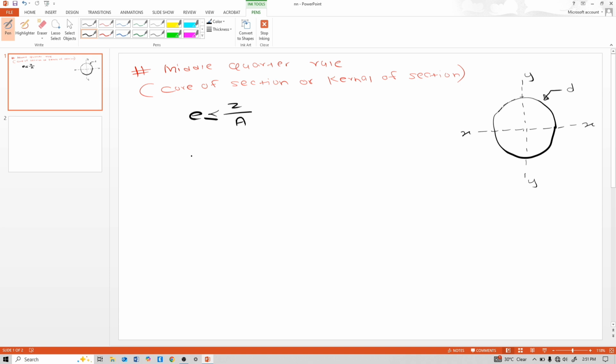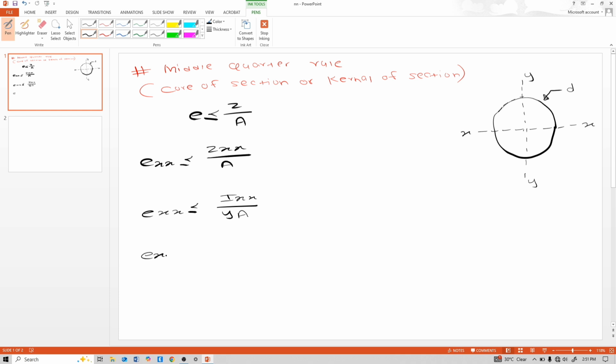So see this, consider one axis xx, so Exx should be less than or equal to Zxx by area. So this Zxx sectional modulus is nothing but the moment of inertia divided by y.